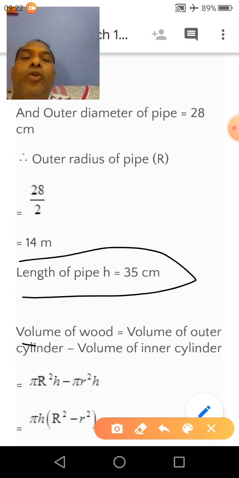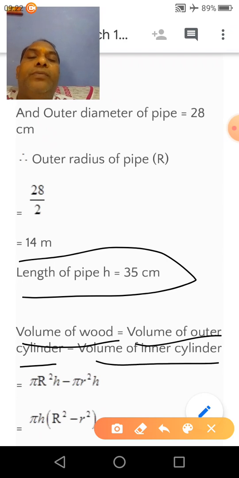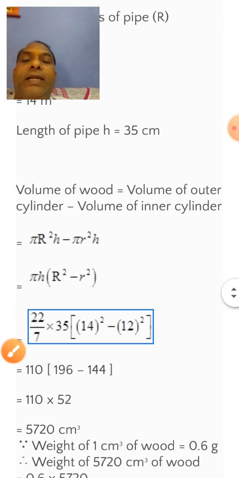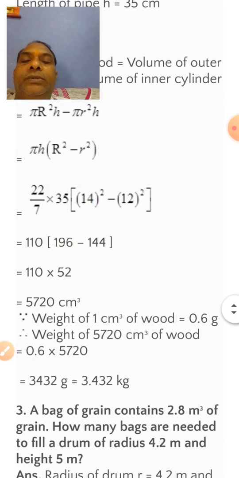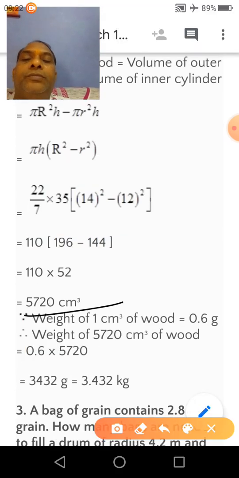So volume of wood is equal to volume of outer cylinder minus volume of inner cylinder. So pi capital R square h minus pi r square h. Pi h is common, then capital R square minus small r square. Put the values and calculate it. Then you have volume of wood.